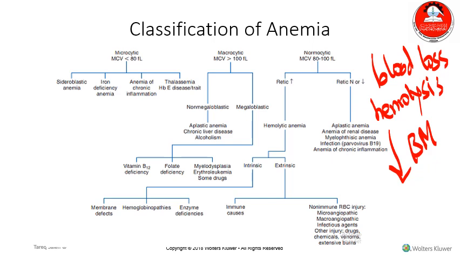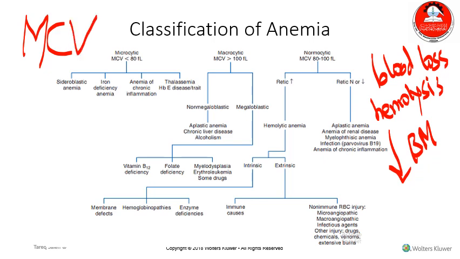Another way to look at this is by classifying anemia based on the corpuscular volume of red blood cells, which you are familiar with as the mean corpuscular volume, MCV, which I'm pretty sure you've covered in physiology.